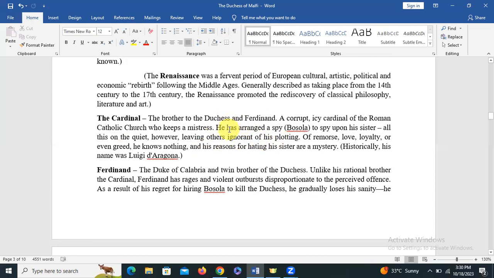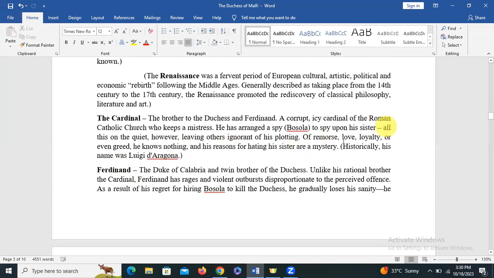Whatever he did was a kind of secret thing, and nobody else knew about whatever he planned. Nobody knew that both these brothers had tasked Bosola to spy on their sister. Of remorse, love, loyalty, or even greed, he knows nothing.